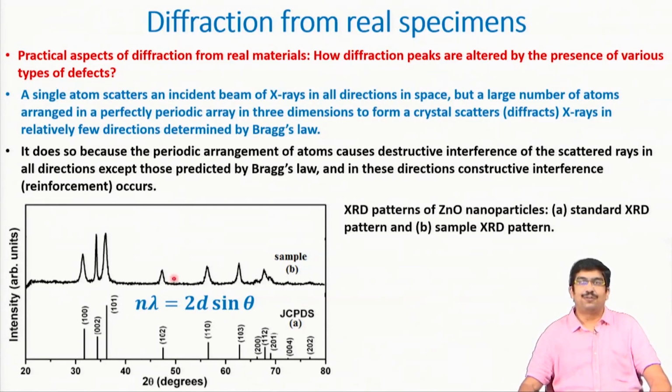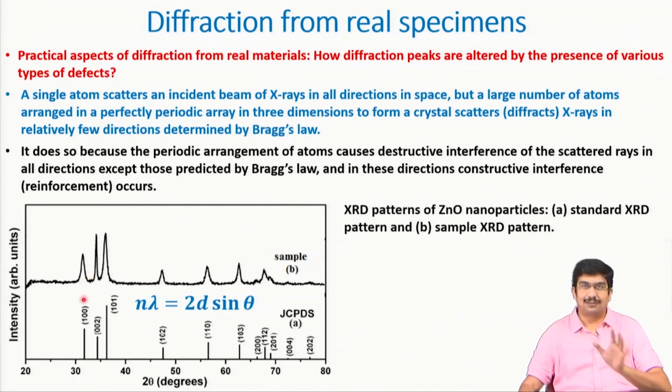The problem is, if you try to see the same material, this is shown for ZnO, zinc oxide nanoparticles, what you will be seeing is a completely different picture altogether. You will see that your peaks are now not a single line.